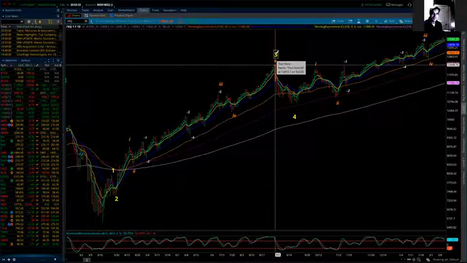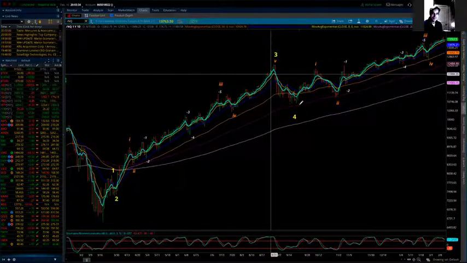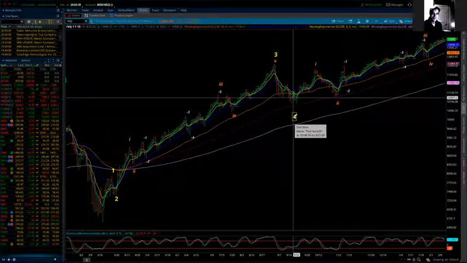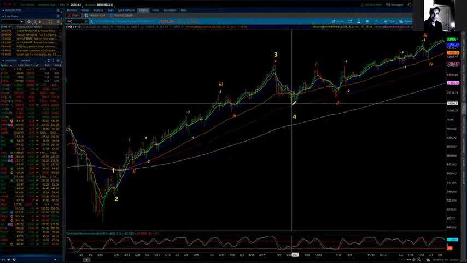Then the decline that we had in September took us down to the conclusion of intermediate wave 4. So it is from September's lows at 10,656 that we began to count the final intermediate wave 5 up to the ultimate highs.